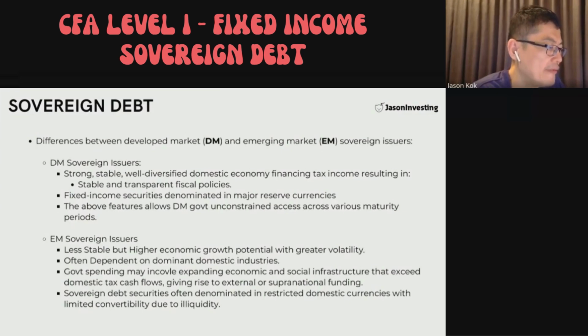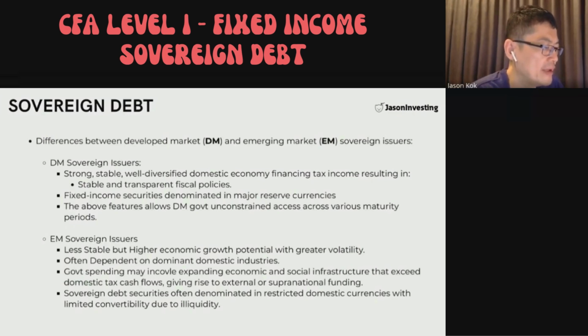Emerging market government spending may involve expanding economic and social infrastructure, and this exceeds the domestic tax cash flows, giving rise to having to borrow from external or supranational funding. Supranational funding is funding like borrowings from international organizations such as the IMF and the World Bank.